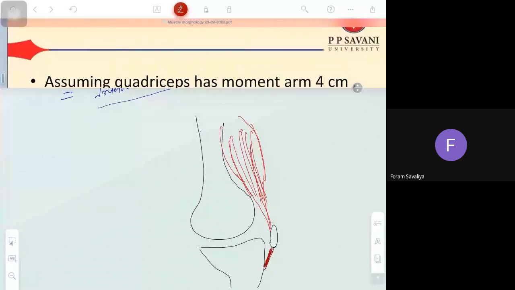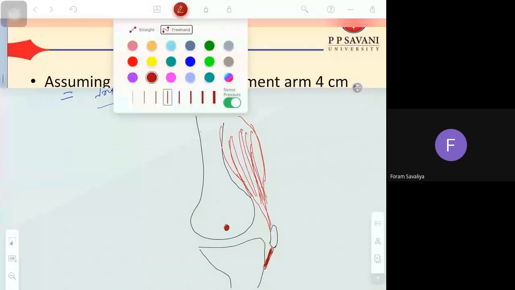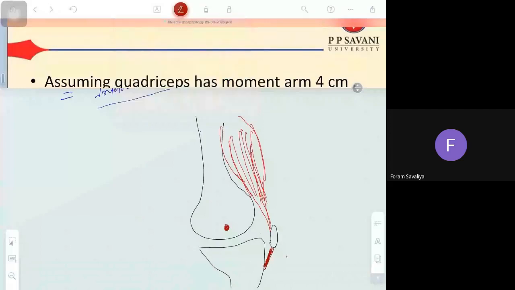This is the axis of rotation of the femur. Now the force is generated. Always the force will be parallel to the patellar tendon.